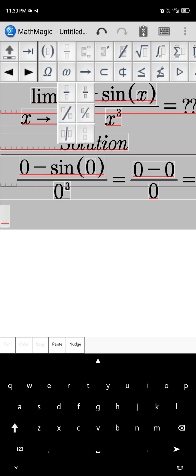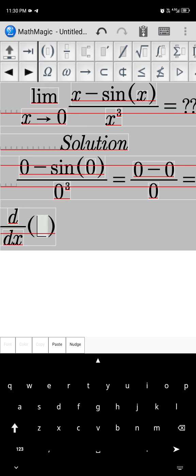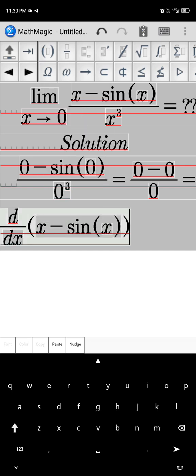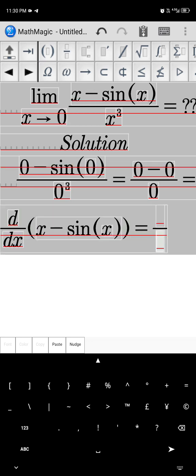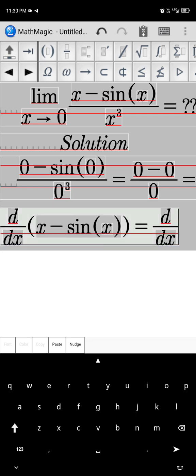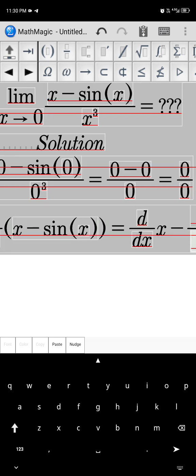If you differentiate x minus sine x with respect to x, that's d/dx of x minus d/dx of sine x.